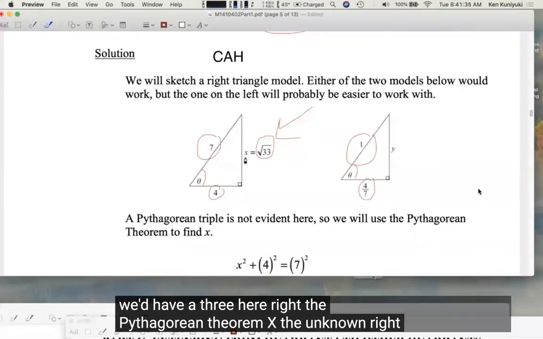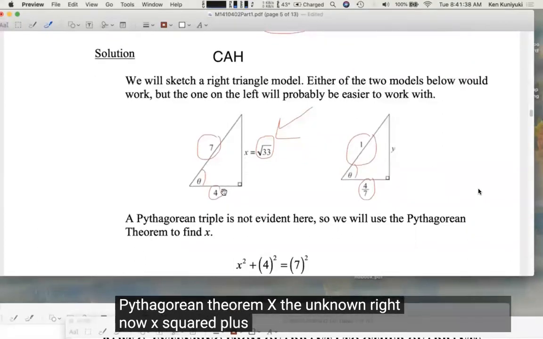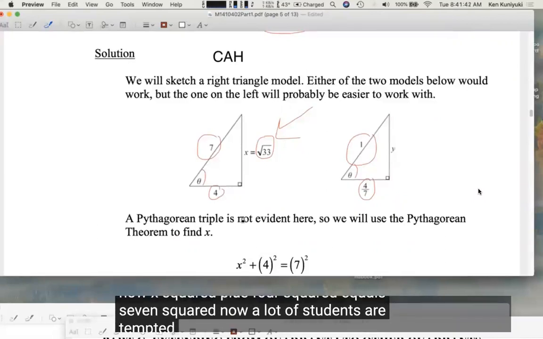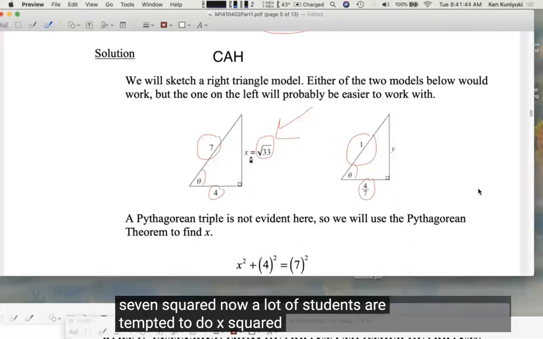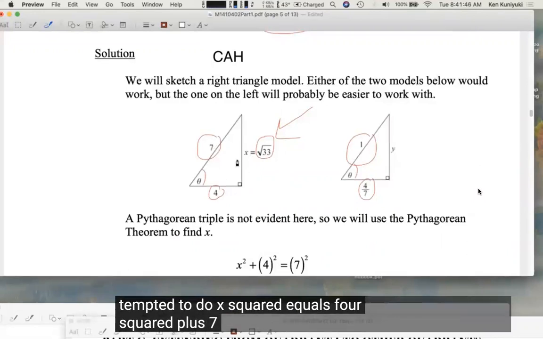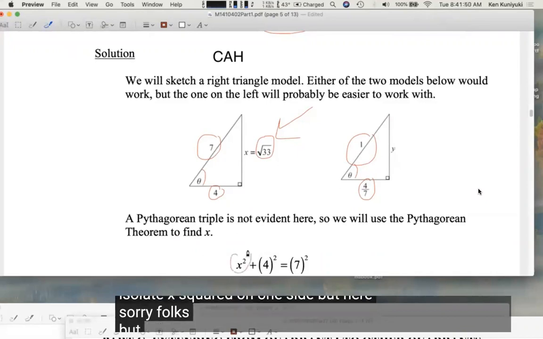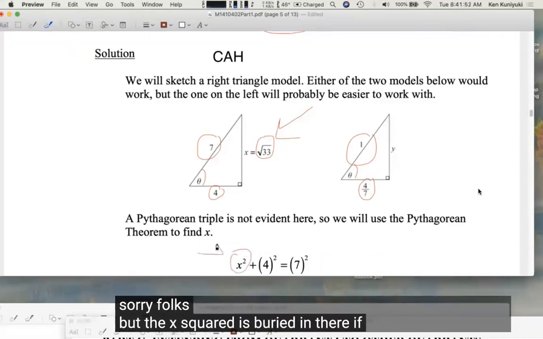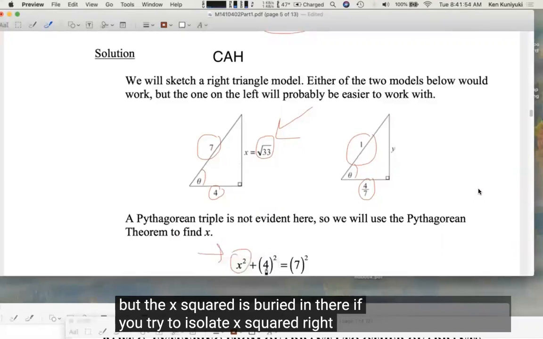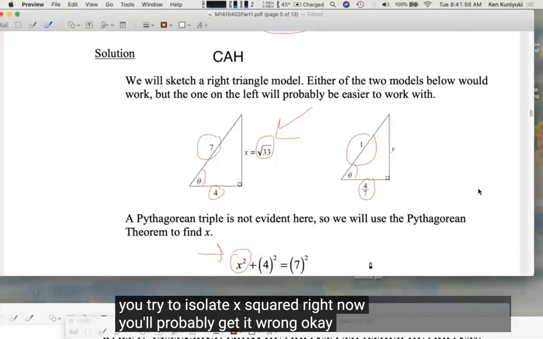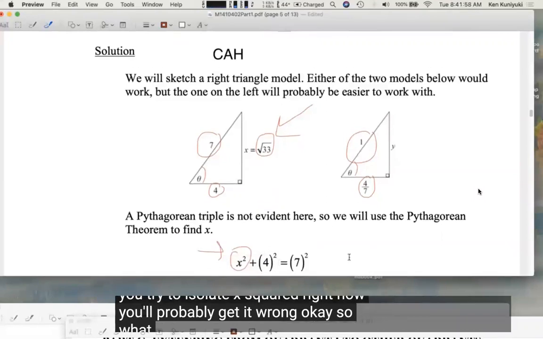The Pythagorean Theorem: x, the unknown right now, x squared plus 4 squared equals 7 squared. Now, a lot of students are tempted to do x squared equals 4 squared plus 7 squared. They love to isolate x squared on one side. But here, sorry folks, the x squared is buried in there. If you try to isolate x squared right now, you'll probably get it wrong. So what are these squares?